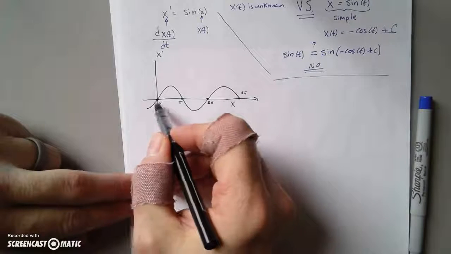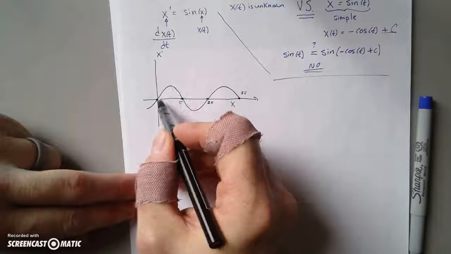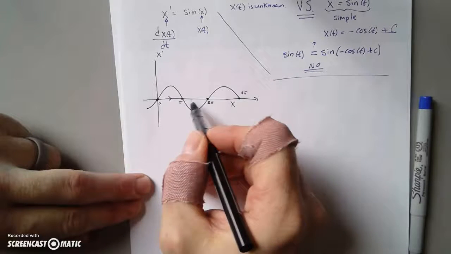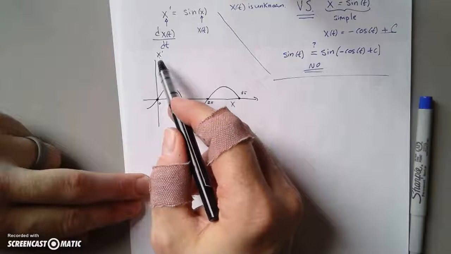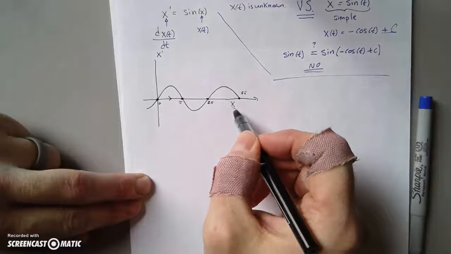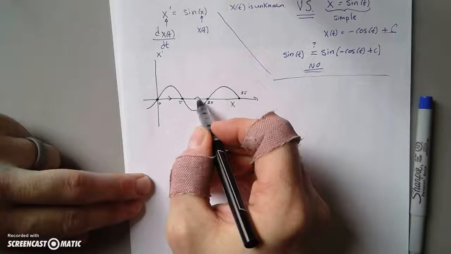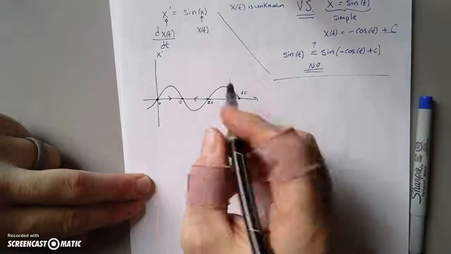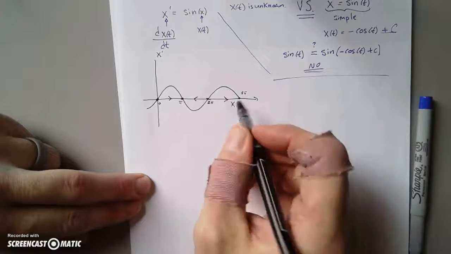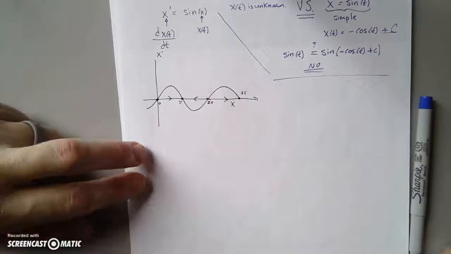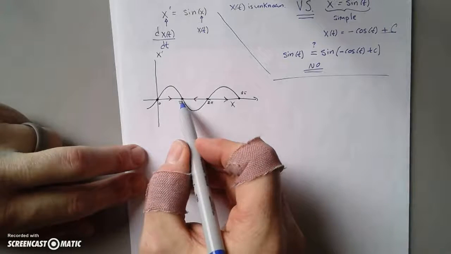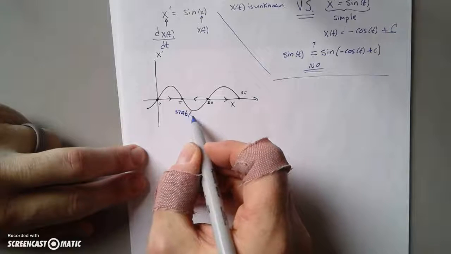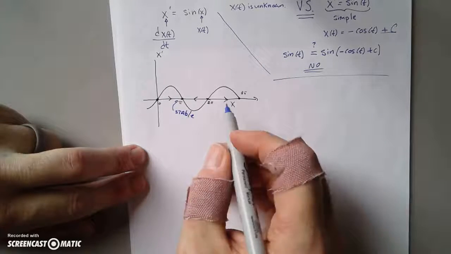Now what's happening in between these? The derivative is positive, so we're moving to the right. What's happening between these 2 points? The derivative, the change in x, is negative. How about here? The change in x is positive. So if we have arrows pointing at pi, this is stable.